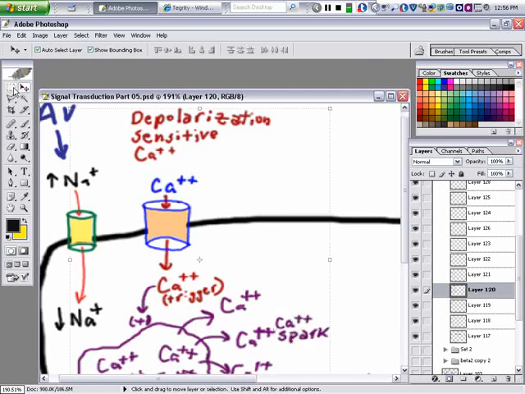Okay, so let's make the cells not so positive. So let's get rid of a few ions, some cations. Let's put some cations on the outside.